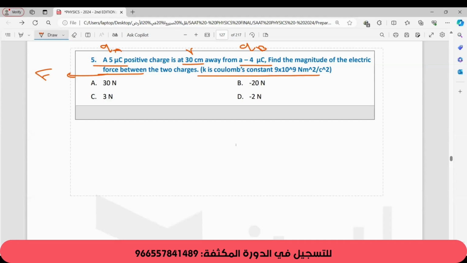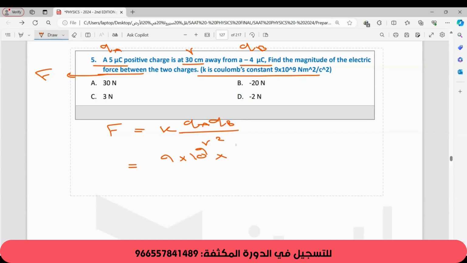All right. Now, let's see how to do it. F equals K times QA QB over R squared. Now let's just substitute directly because we already have everything there. So it will be 9 times 10 to the power 9, this is the K, times QA, which is 5 micro.